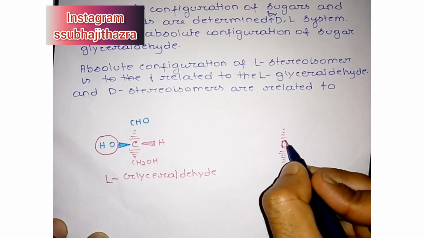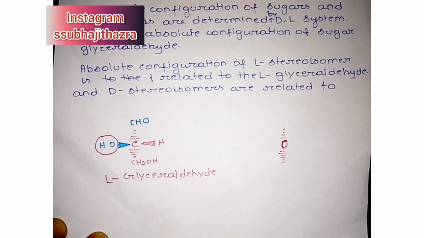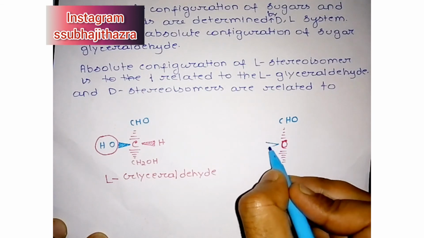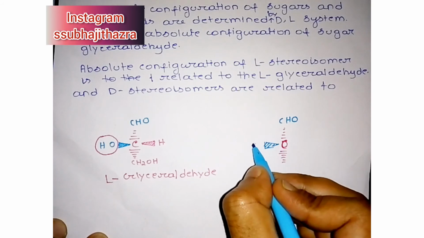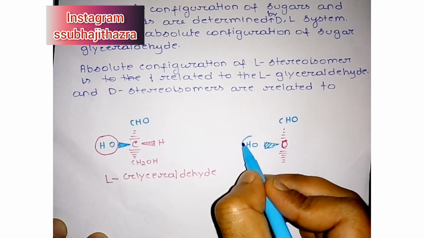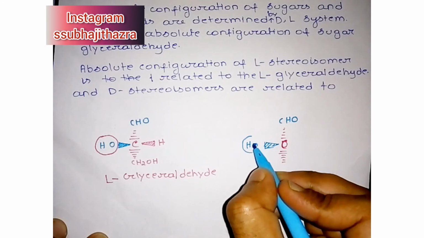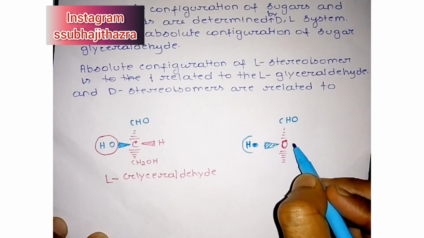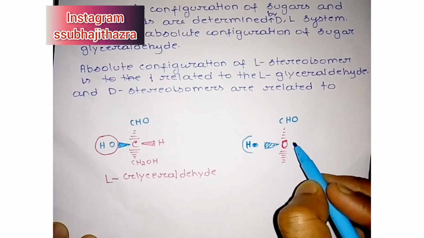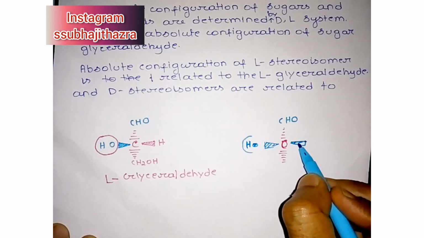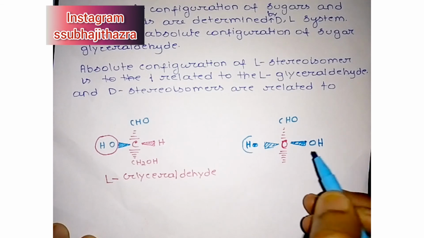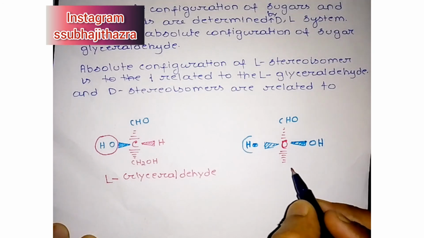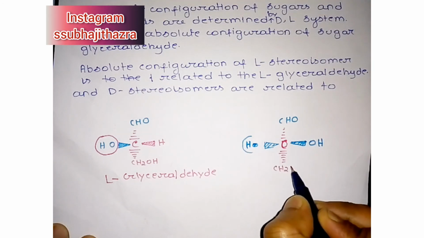This is carbon C, and these are 2 functional groups. One is CHO, another is OH, that is hydroxyl. Sorry, this is H. In case of D-glyceraldehyde, the hydroxyl group is present on the right side, and here CH2OH.